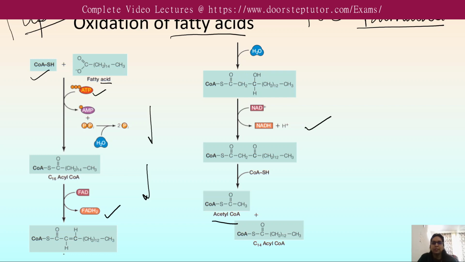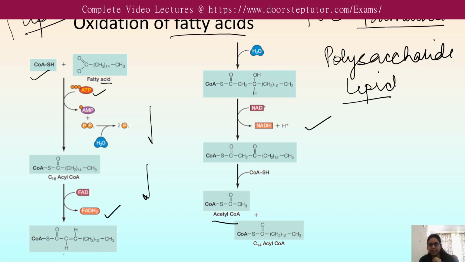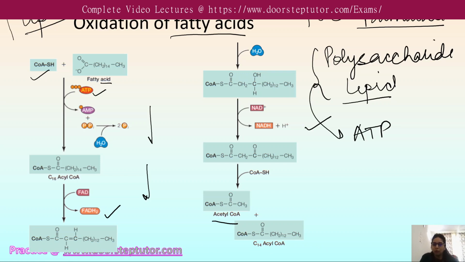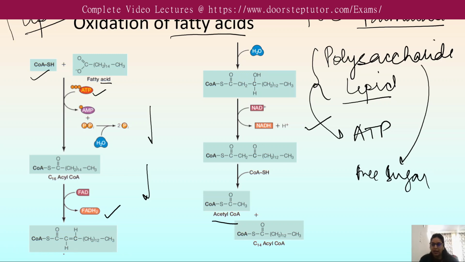The two major storage forms of energy within the cell are polysaccharides and lipids, which can be broken down as needed by the cell to produce ATP. The polysaccharide is broken down into free sugar, and the sugar is then metabolized by glycolysis and then the Krebs cycle.